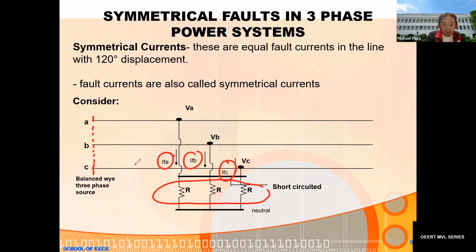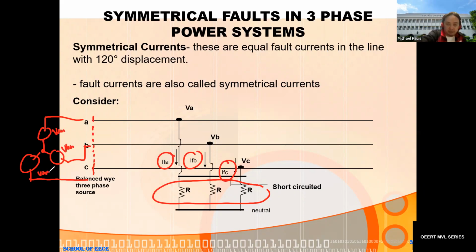You have here your per phase sources, which are not presented here. Sorry, it must have a source here, like this. So you should have VAN, VBN, and VCN.